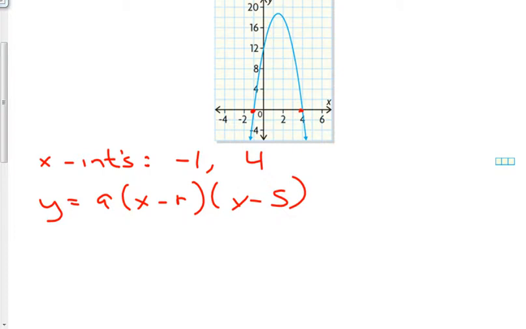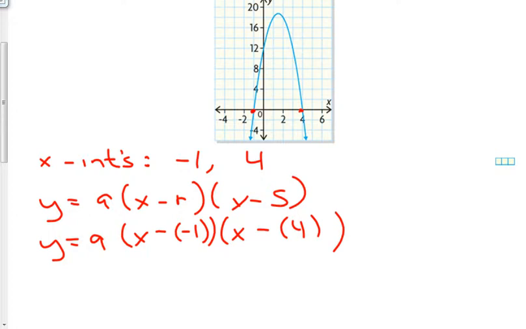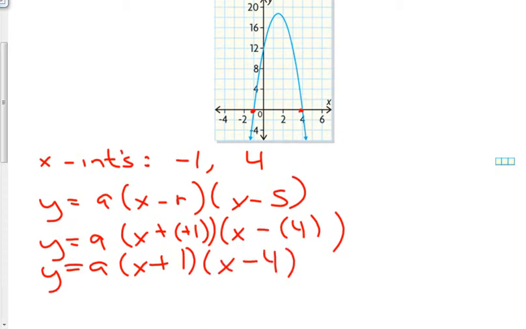So I can substitute in -1 and 4 for r and s. y is equal to a times (x minus -1)(x minus 4). I'm going to clean it up a little bit. (x plus 1)(x minus 4).